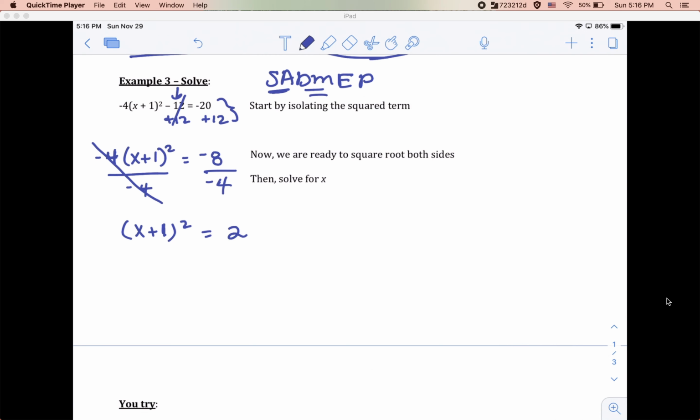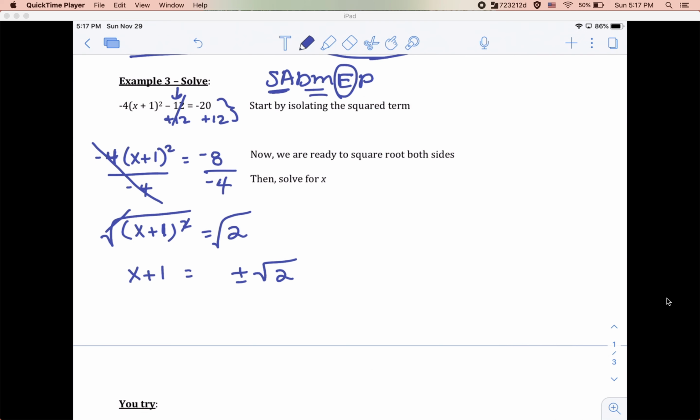Now, do we have any exponent we can get rid of? We do. We square root to get rid of the square, which in turn unlocks the parentheses because it cancels out the square. And then we end up with x plus 1 equals plus or minus the square root of 2.